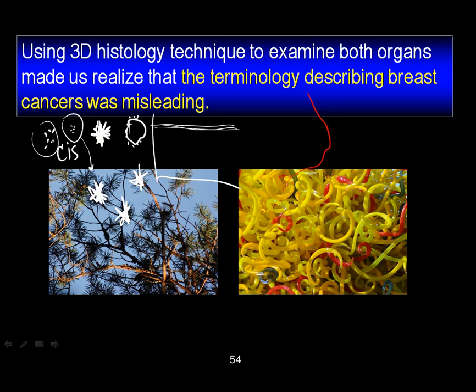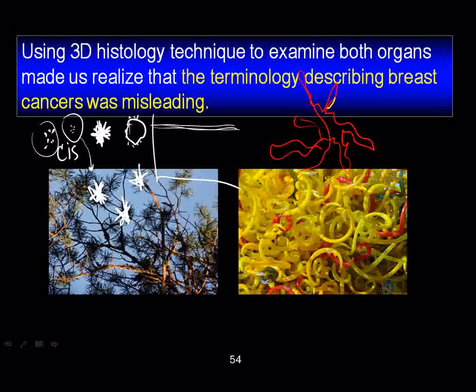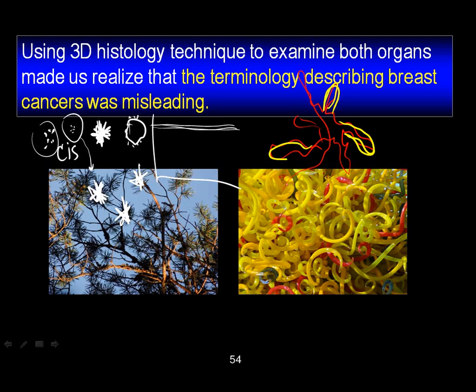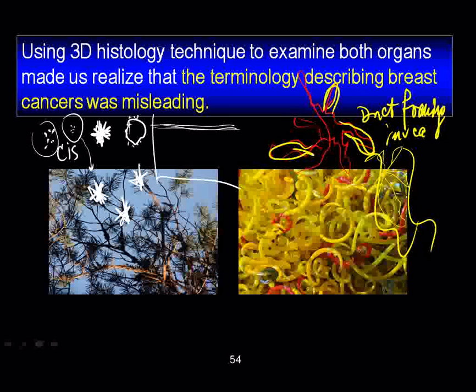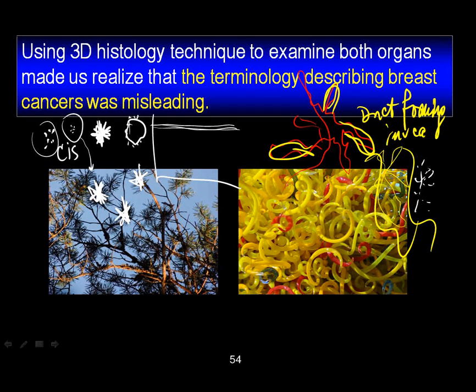On the other hand, when you see these neoduct genesis, that is, most of them are actually drilling themselves into the surrounding tissue. So it's duct-forming invasive carcinoma, either seen on the mammogram as architectural distortion without calcification, or seen on the mammogram as casting-type calcifications of one of the 4 subtypes.